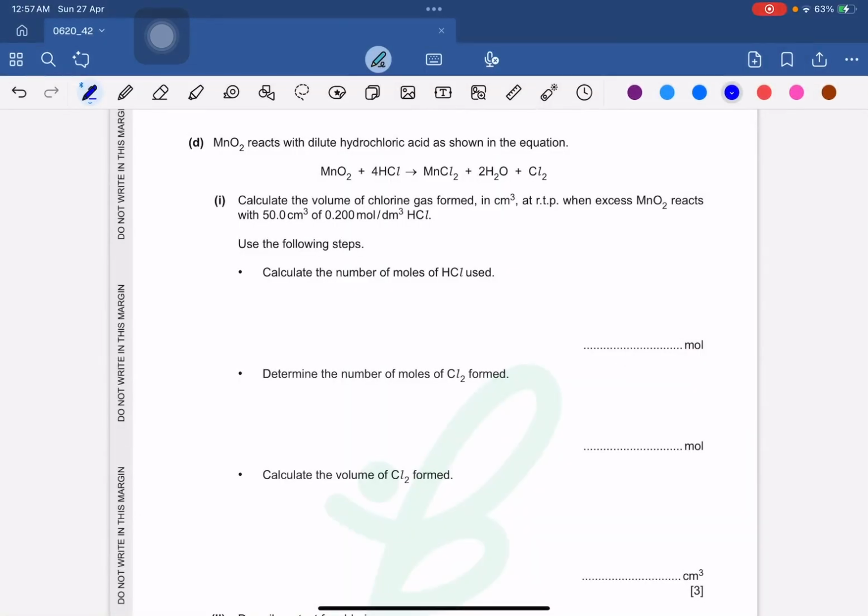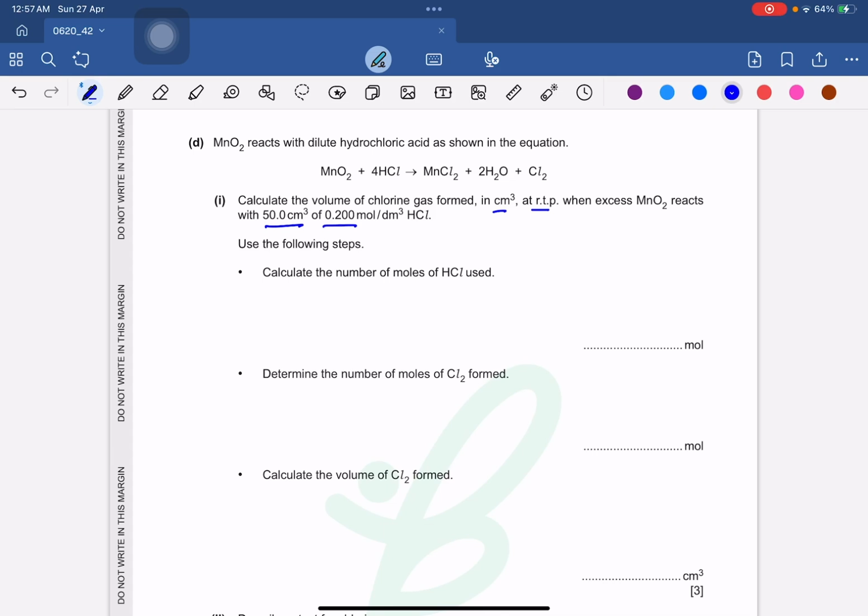Let us move on to the next question, which is a stoichiometry question. MnO2 reacts with dilute hydrochloric acid as shown in the equation. Calculate the volume of chlorine gas formed in cm³ at RTP when excess MnO2 reacts with 50 cm³ of 0.2 mol/dm³ HCl.